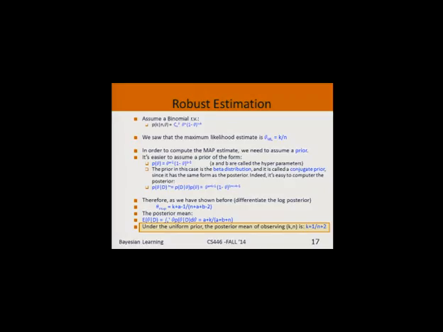The probability of theta given d is basically, by Bayes rule, the probability of d given theta times the prior p of theta. P of d given theta is just this thing, with k and with n minus k. And the prior is the same form with a minus 1 and b minus 1.